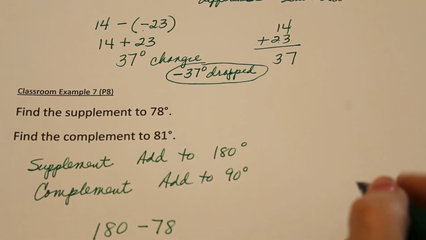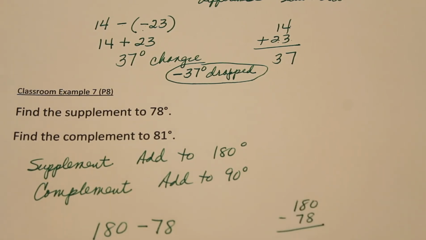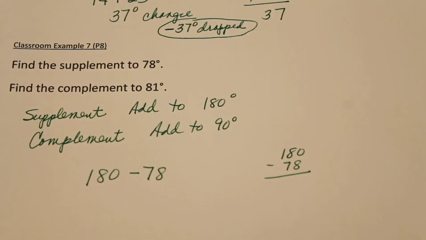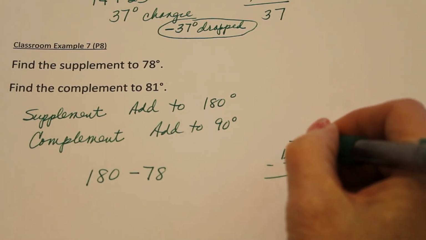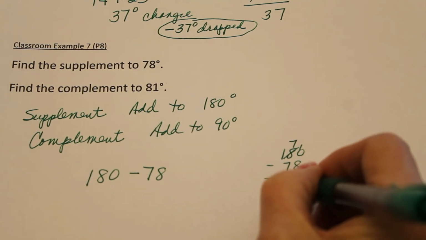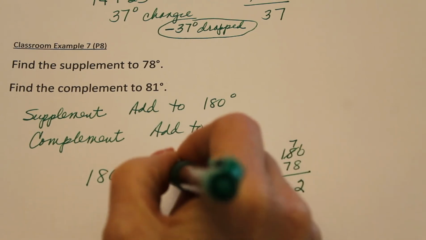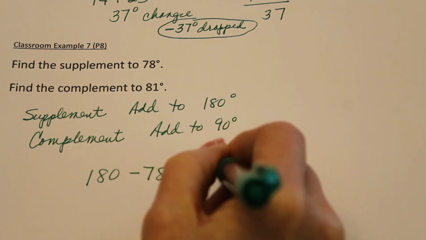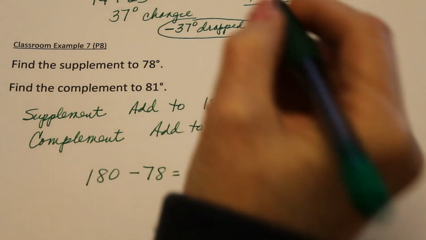All right, so what is 180 minus 78? We'll do it on the side. 0 cannot minus 8. We'll make that a 7 and borrow. 10 minus 8 is 2. 7 minus 7 is 0. And don't forget to bring down the 1. A 102 degree angle is the supplement to a 78 degree angle.